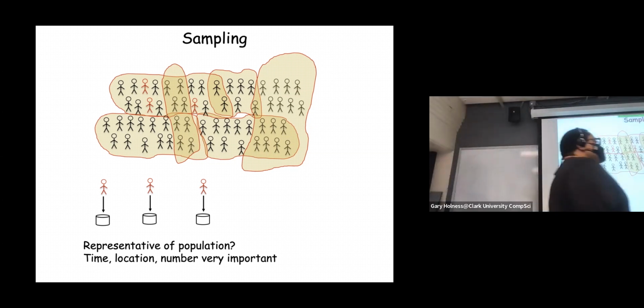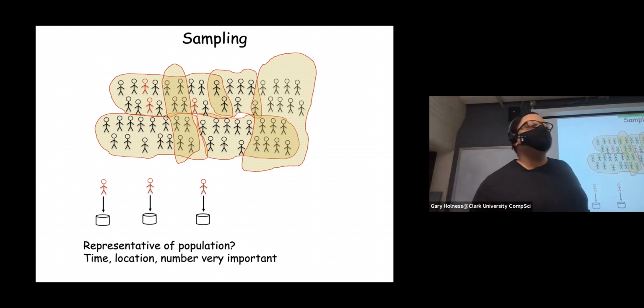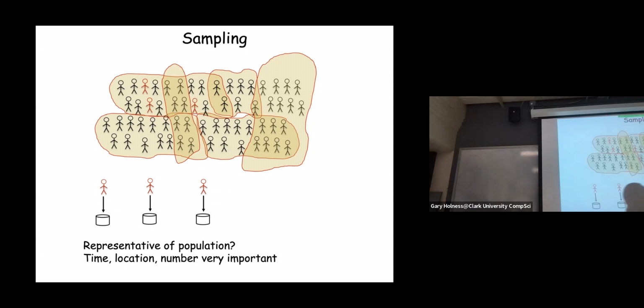And so if you endeavor to get, for example, 50 samples, contact 50 individuals, you're more likely to get a broader swath if you do maybe 10 of them here, 10 of them the other side of campus, 10 in the campus center, and so forth. So this is a tool to guide your thinking about the time, location, and number, because if your sample and what you garner from your analyses of this data you collect from your samples, if it's not representative of the population, you're going to make the wrong statement.